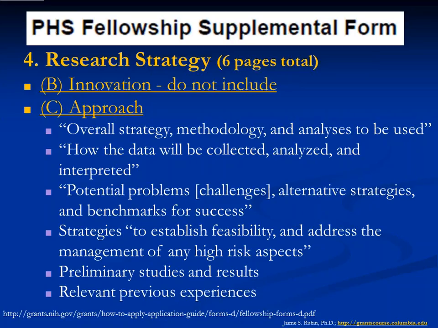It addresses feasibility. By saying that you've already done some of the work, it sort of shows to the reviewers that the project is doable and that you can do it. So it's not so hypothetical that the work can be done. In fact, you've demonstrated that the work can be done, and just as importantly, that you can do the work.